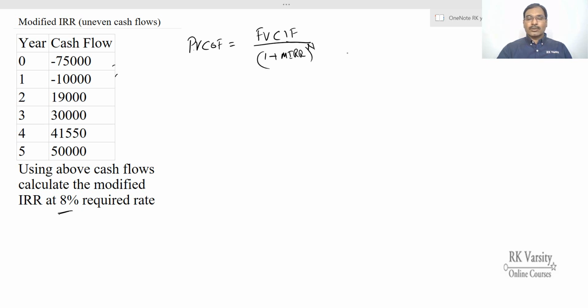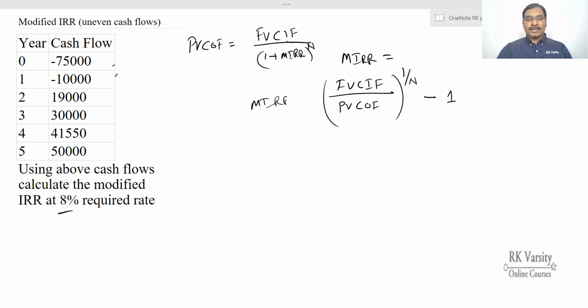Now how do you get your MIRR, the modified IRR? MIRR equals the future value of cash inflows upon present value of cash outflows, raised to the power of 1 upon n minus 1. So this is the equation to get your MIRR.